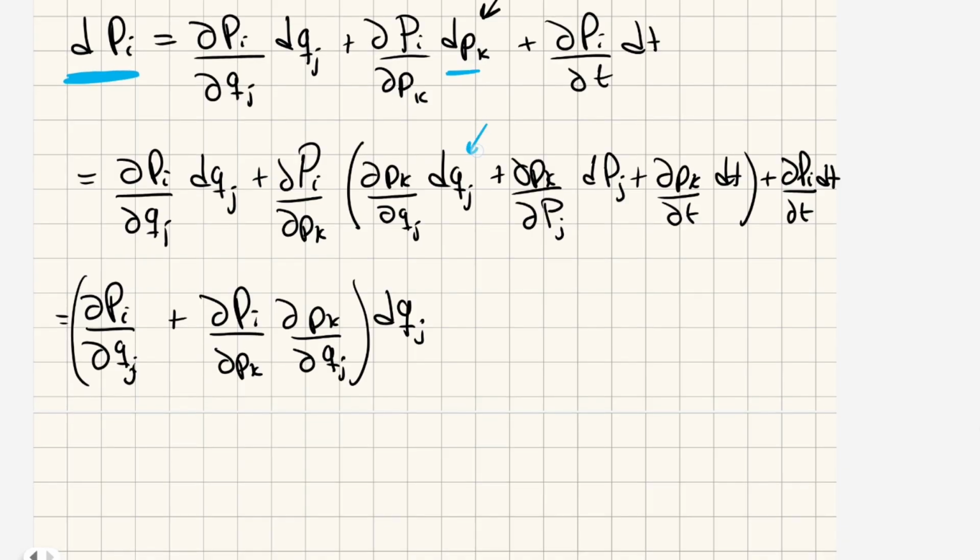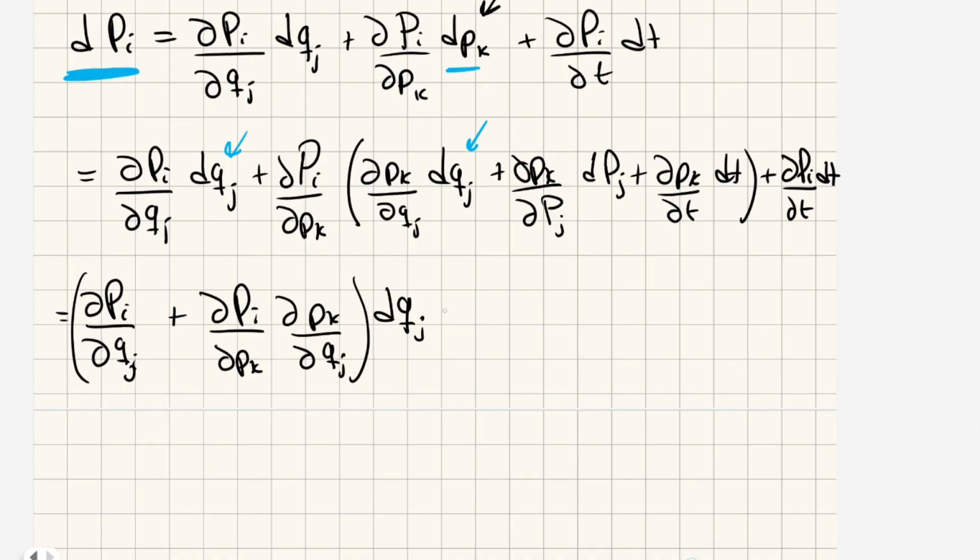I'm taking this dqj as a common factor. Then we have plus the partial of capital Pi with respect to pk, the derivative of pk with respect to pj, times dpj.